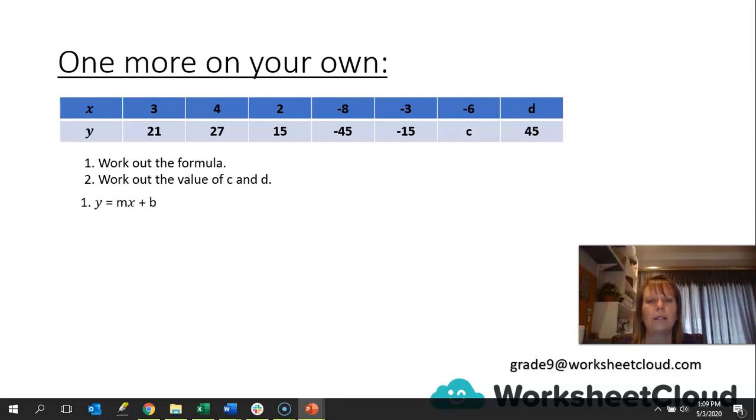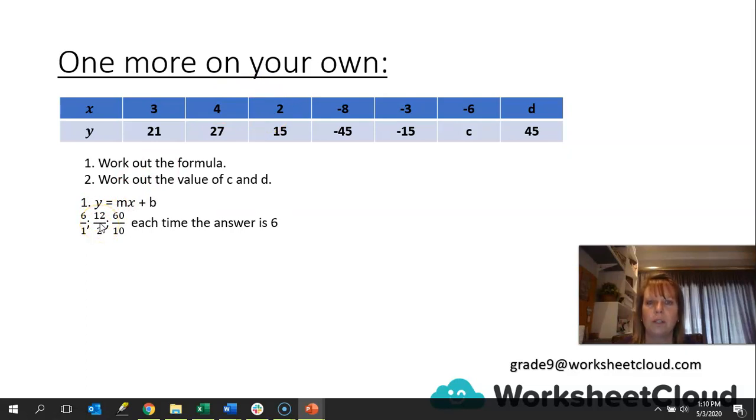Okay, y is equal to mx plus b. So we first are going to look at the change in y over the change in x. And we've got there, it's 6, and there's 1, plus 6 plus 1. Then it would be minus 12 minus 2, as long as it's the same sign, there's nothing to worry about.